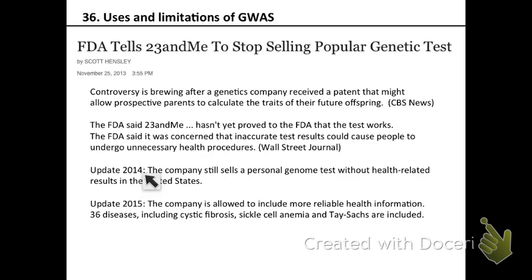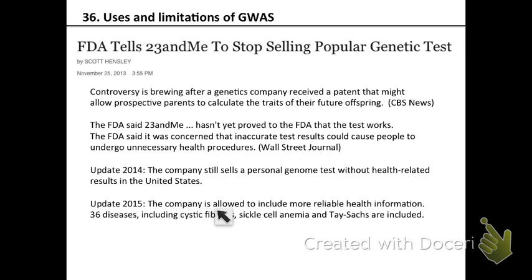And then in 2014, the company basically still sells the personal genome test. That's the ancestry type of test. It'll tell you what percentage Neanderthal you are and stuff like that, right? And what region of the world your ancestors come from, etc. But then they suspended all the health-related results. So in 2015, the company actually cleaned up some of its practices, and the explanation of what these SNPs and their interpretations are.